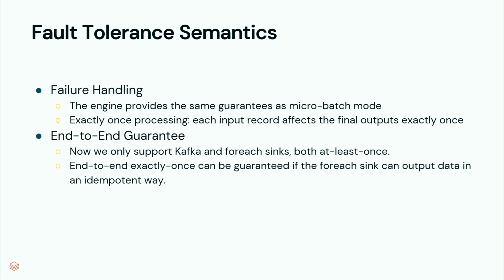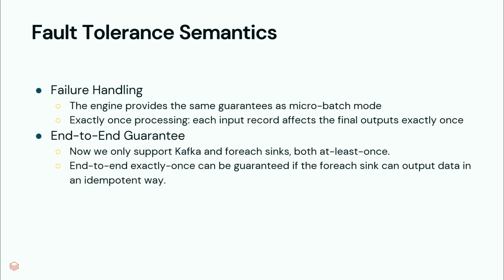For real-time mode, the sink that we currently support is Kafka, and foreach sink, which is an interface, an operator that allows you to write wherever you want. You're given a row, go write it somewhere. You're allowed to create custom sinks that way.